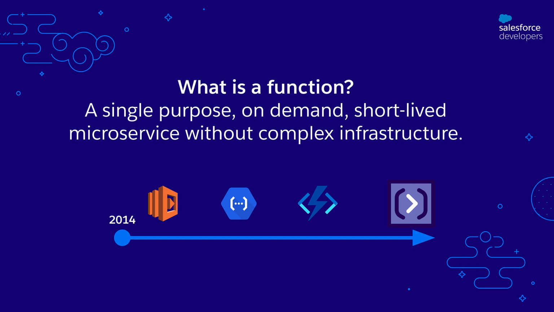This is why we say that a function is single purpose. On demand means that depending on the traffic or the number of users that need to consume this single purpose function, this function is going to scale elastically, automatically adapting to the amount of traffic that is coming to this specific service.